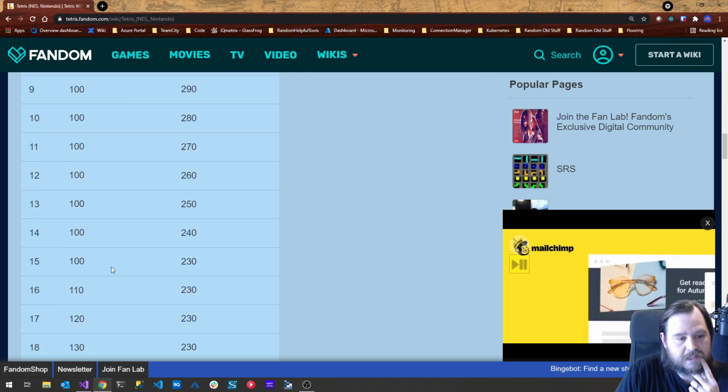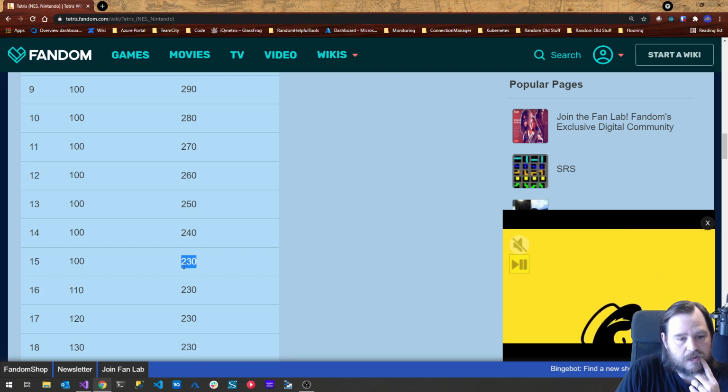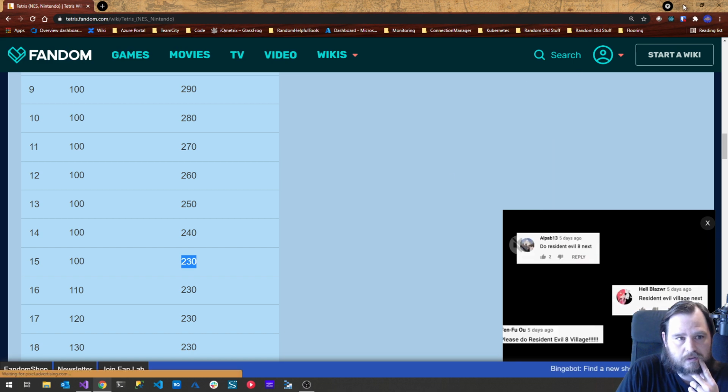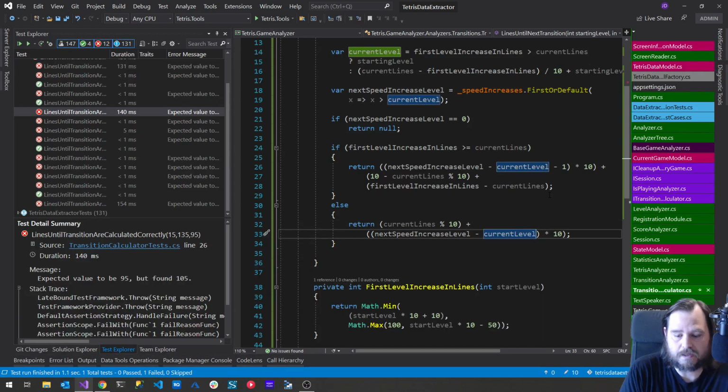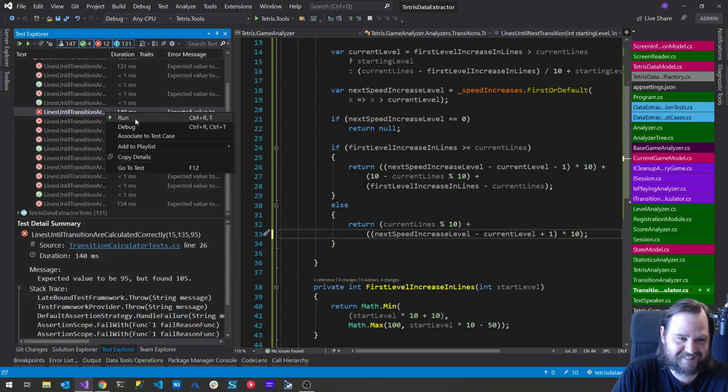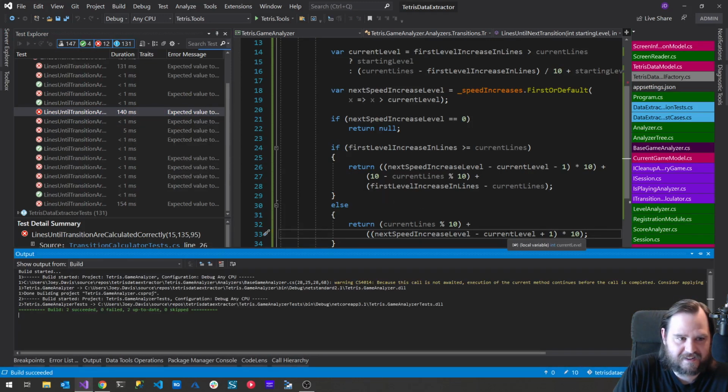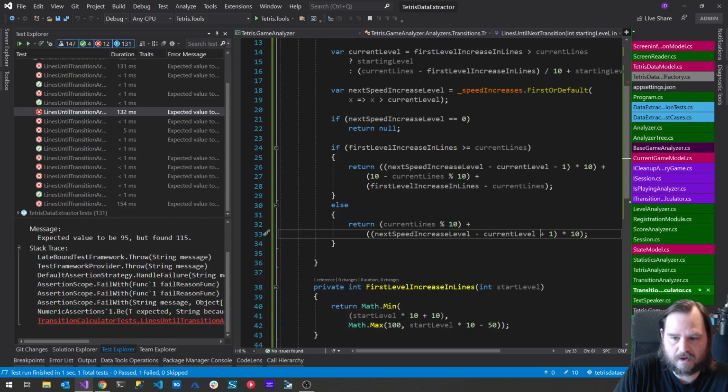So 15,230 is what we're after, minus current level plus 1. Those boundary errors are tough. What did we expect? Oh, I went the wrong way. Minus 1.